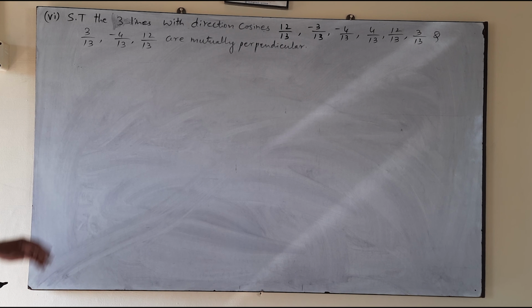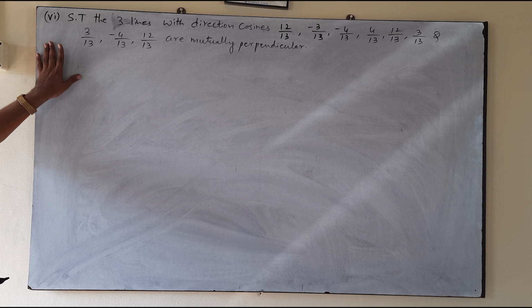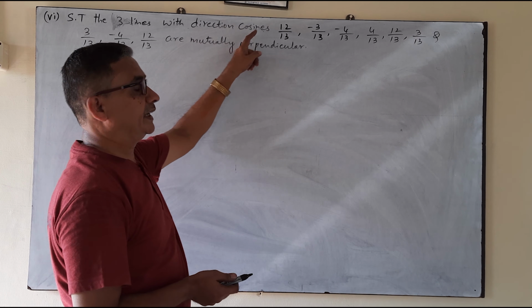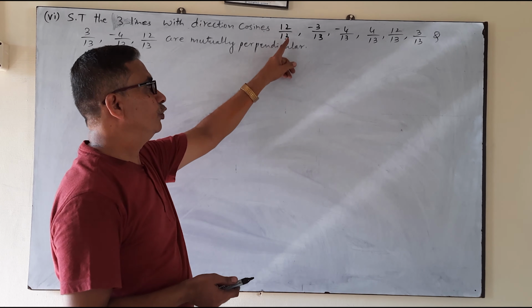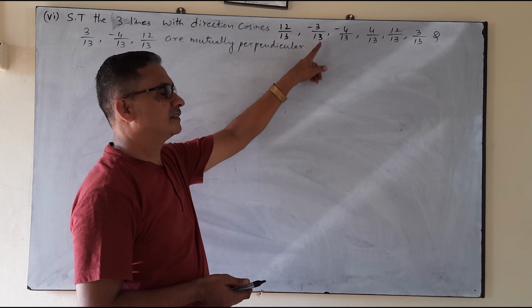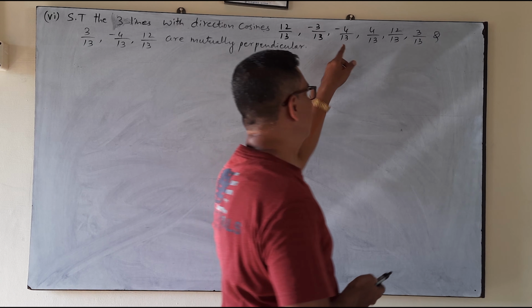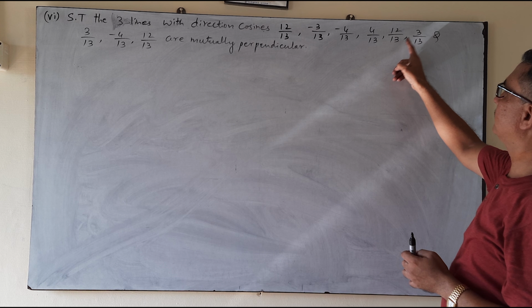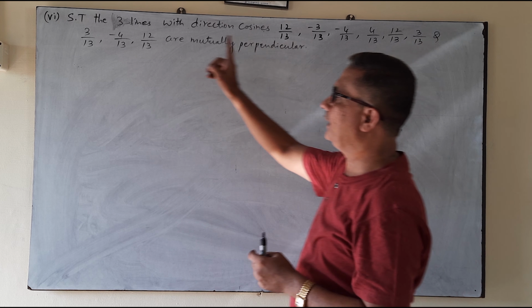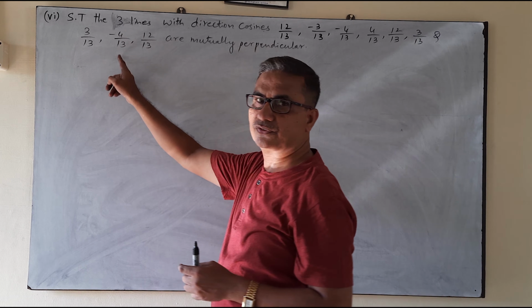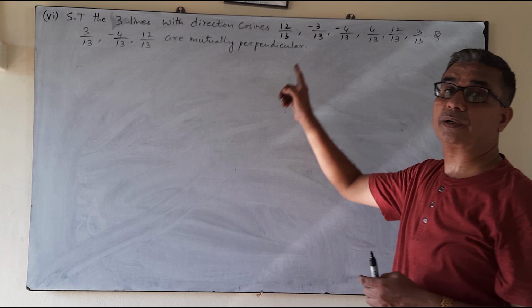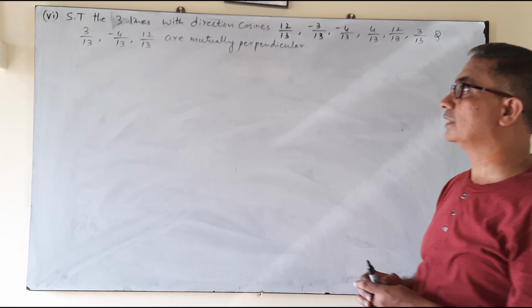Okay? Okay, next problem. Look, here: show that the three lines with the direction cosines 12 by 13, minus 3 by 13, minus 4 by 13; 4 by 13, 12 by 13, 3 by 13; and 3 by 13, minus 4 by 13, 12 by 13 are mutually perpendicular to each other.